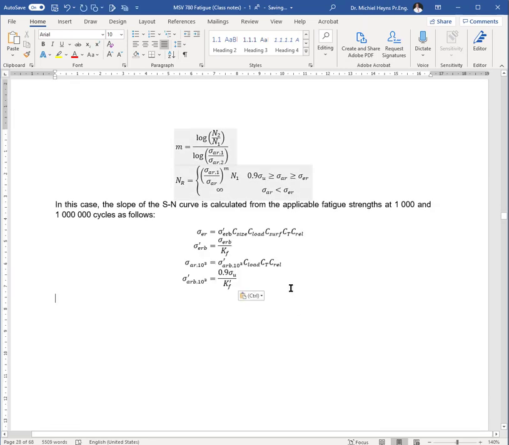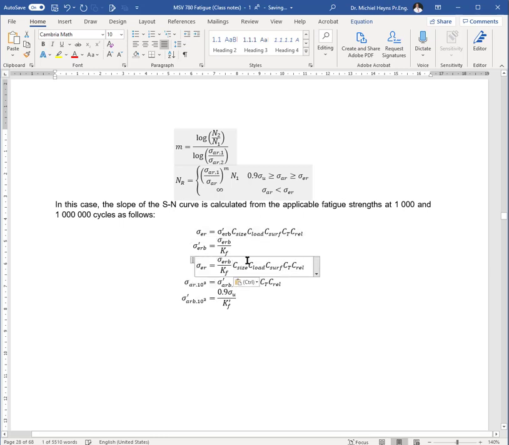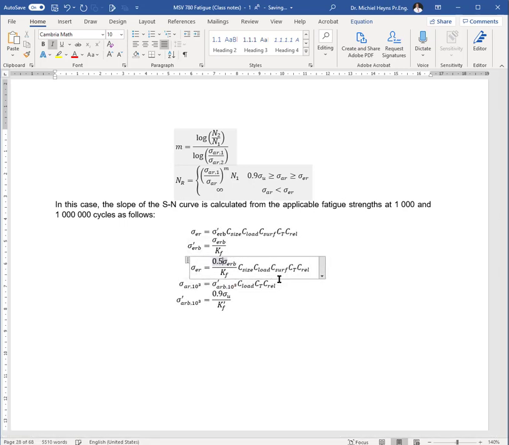Control V. So in this case, we have this equation here, which I can easily write as follows. I can say sigma ER is equal to the bending strength, and the bending strength, in this case for steel, is equal to 0.5 times the ultimate tensile strength.